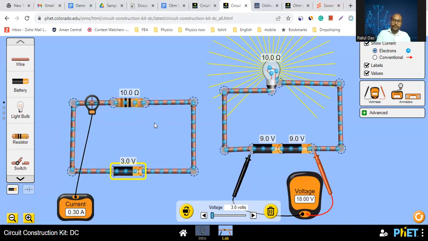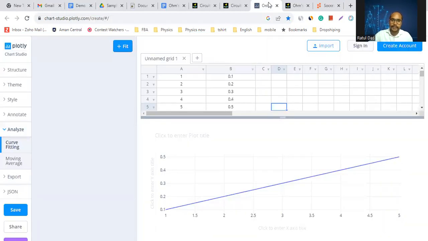We're interested to know the relation between voltage and current. We want to plot a graph, voltage versus current. So we need to collect all the data. Now we'll open another tool. It is plotly.com, and add your values here.